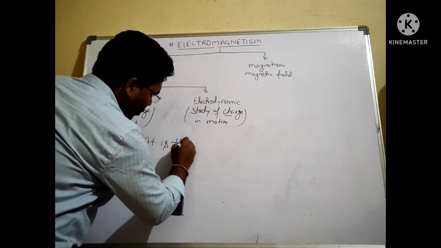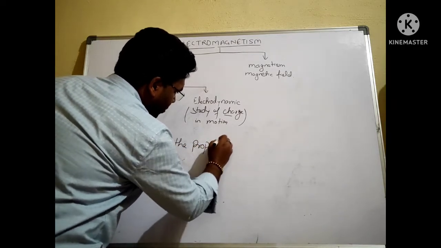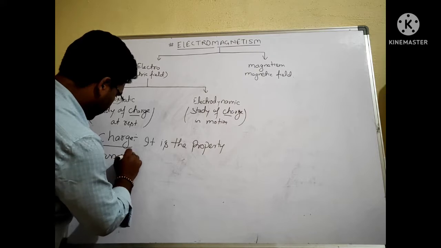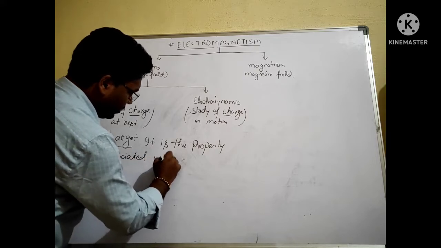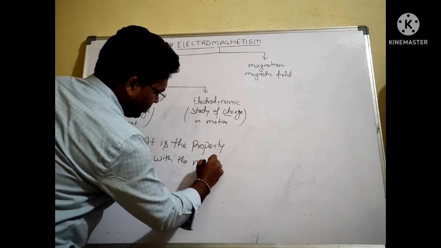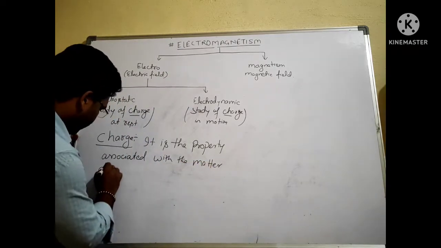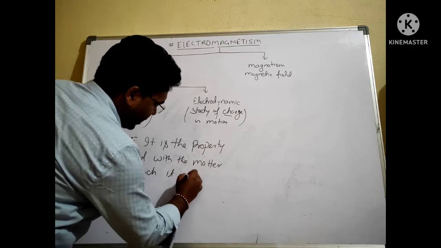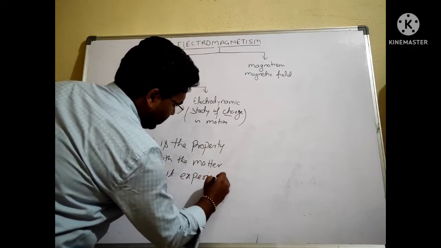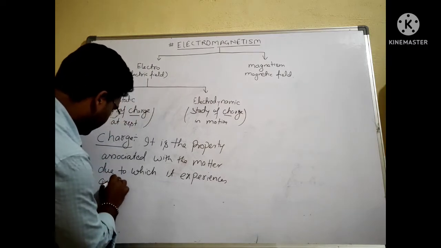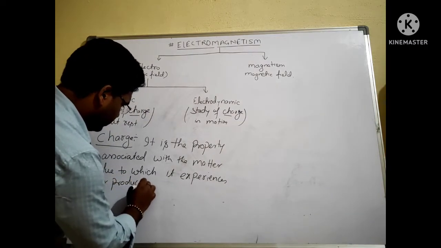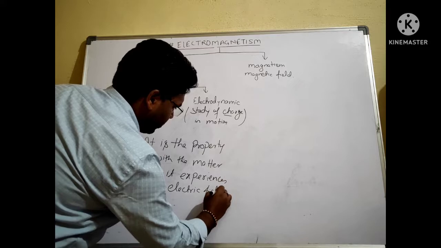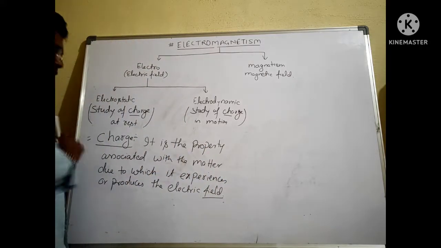It is the property associated with the matter due to which it experiences or produces the electric field. This is the definition of charge.